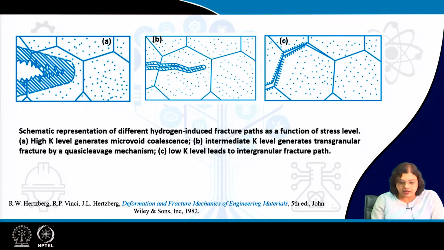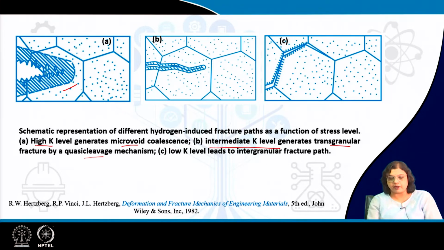If we are applying higher values of stress intensity factor, that leads to early onset of the microvoids, and then these microvoids will coalesce and that will lead to the progress of the crack, as has been seen in this figure here. On the other hand, if we are applying an intermediate K level, so that means that the stress intensity factor value is not significantly high, that also generates transgranular fracture, but in this case it should be by the quasi cleavage mechanism.